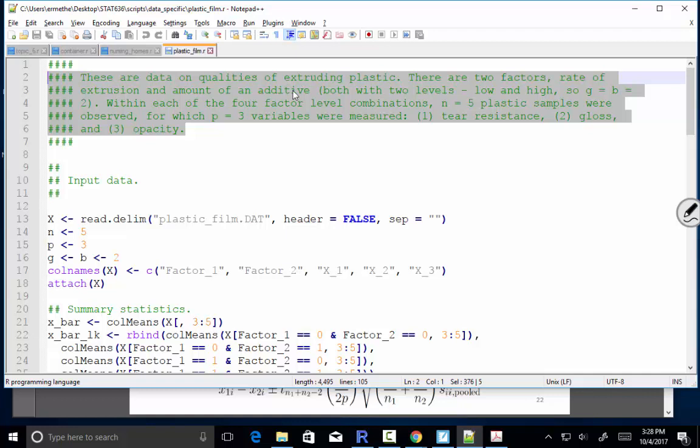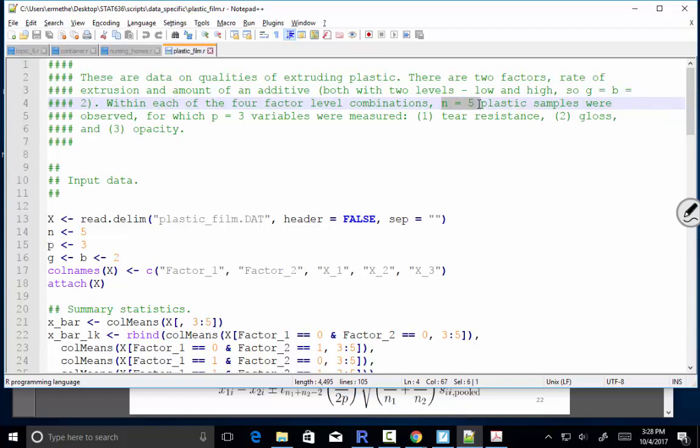That means there's 4 treatment categories: low on extrusion, low on additive, low-high, high-low, and high-high. With these data, we have 5 samples within each of the 4 comparison groups.